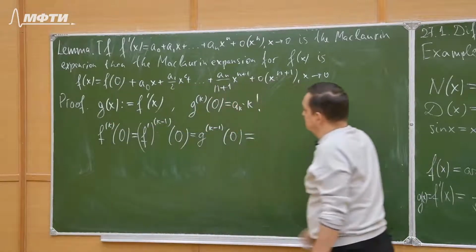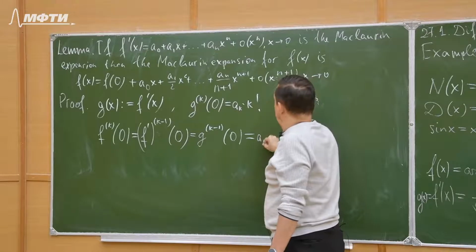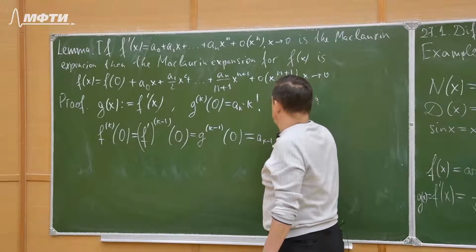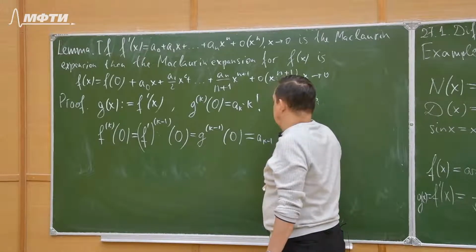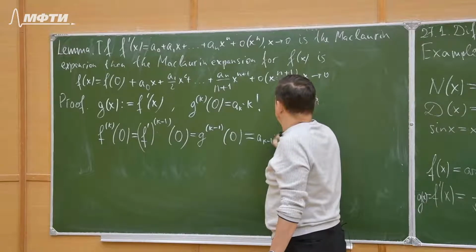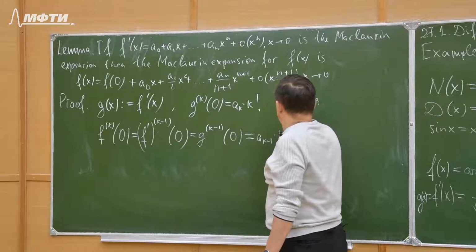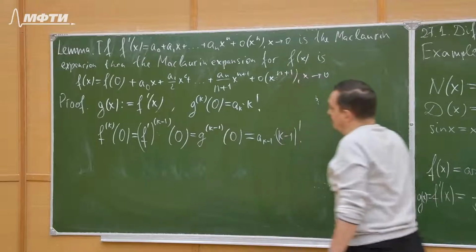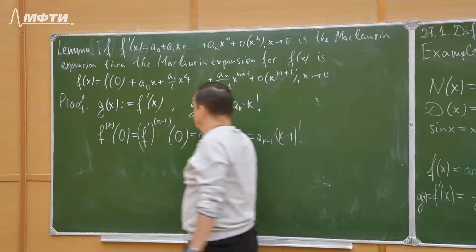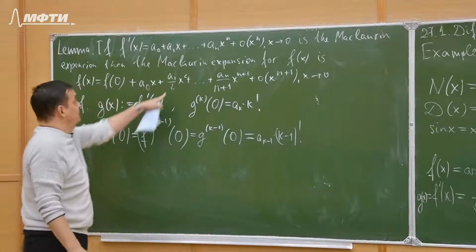So we have a_(k minus 1) times (k minus 1) factorial, and then it gives the coefficients, right?